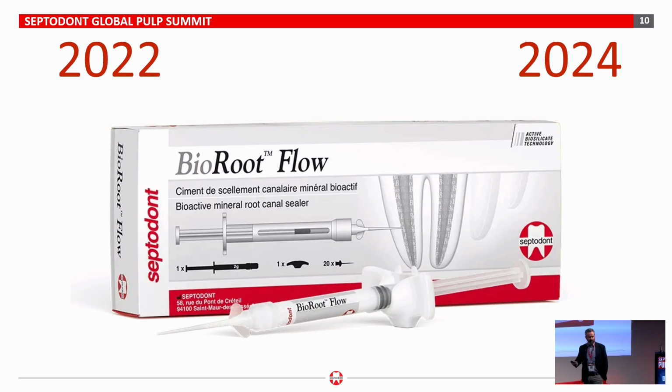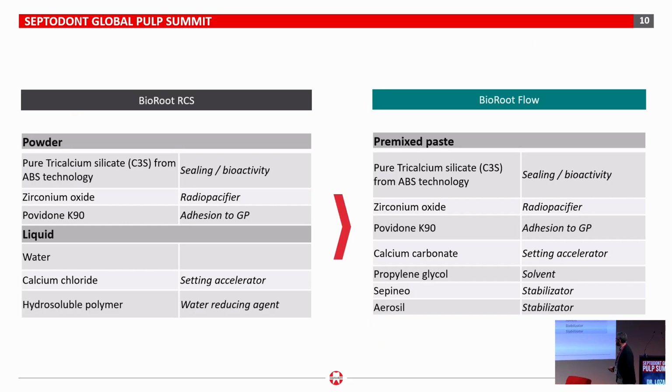It's also calcium silicate with the technology patented by Septodont. The composition is very similar. We have the pure calcium silicate, the zirconium oxide, the povidone. The setting accelerator is different, and the vehicle is different because it's a premix one.